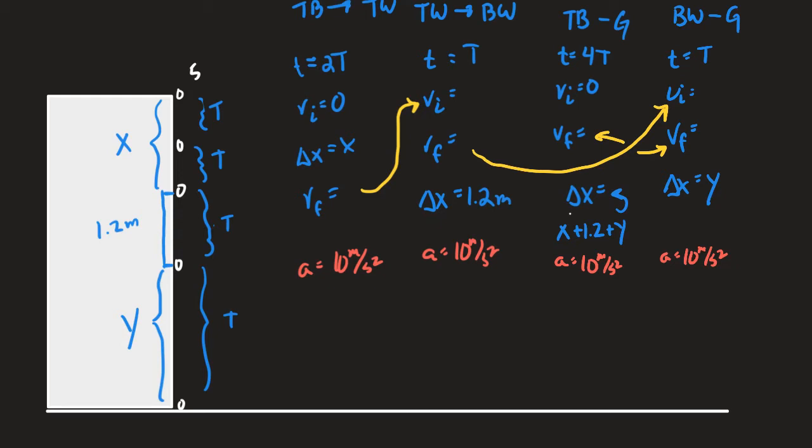I don't know that I see one yet. Maybe we have to go 3 equations and 3 unknowns. That seems mean.